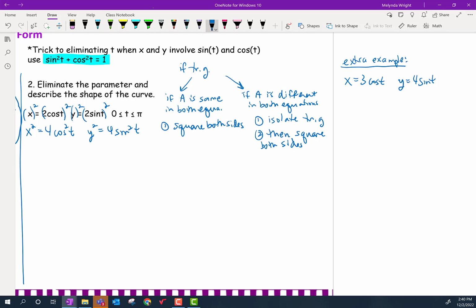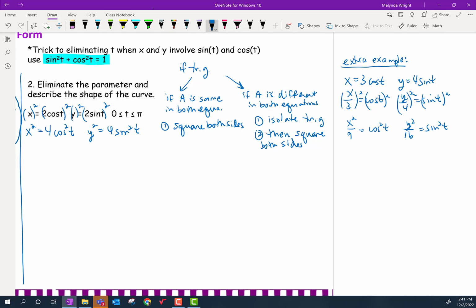Okay, so first I want to get the cosine by itself, so I'm going to divide both sides by 3. So I have x over 3 equals cosine, and I have y over 4 equals sine. Then I'm going to square both sides. So I have x squared over 9 equals cosine squared, and I have y squared over 16 equals sine squared.